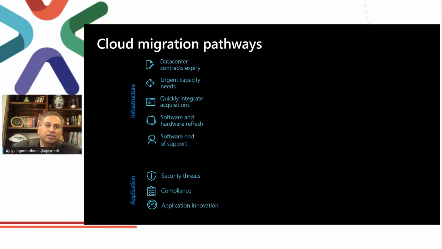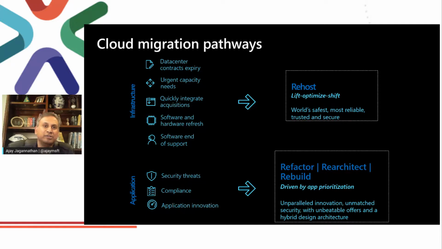So the first one is what we are seeing a trend is customers who are running their own infrastructure and the migration motivation is whether the data center is expiring or they need to increase capacity, or they are in the middle of their hardware software refresh cycle coming up, and also end of support.